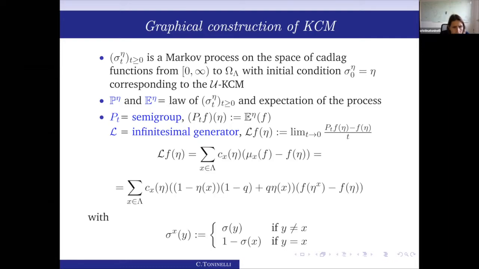The action of the generator, if you go back to the definition, it's not difficult to see that the generator acts on local functions as the sum over all sites of the function cx, which encodes the rate, times the mean of the function at site x with all the other variables held fixed, minus f of eta, which can also be rephrased in the following way.